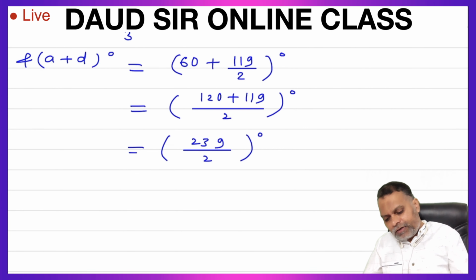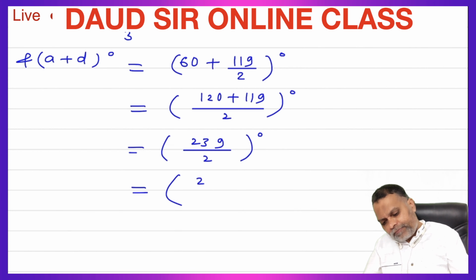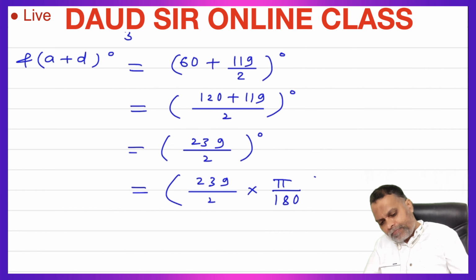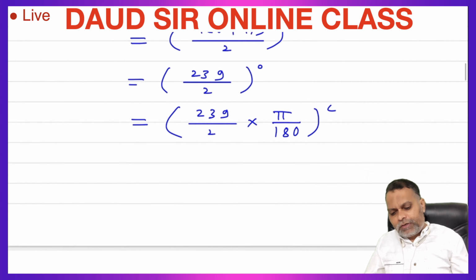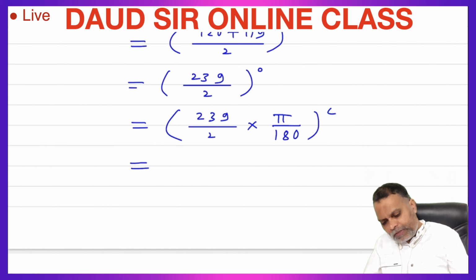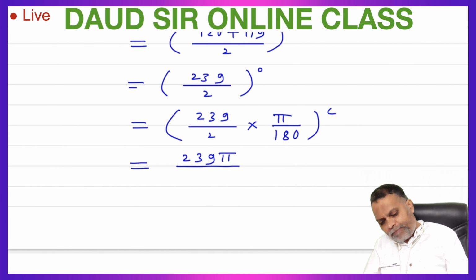Multiplying by pi by 180, 239 upon 2 into pi by 180 radian. So this is 239 pi upon 360 radian.